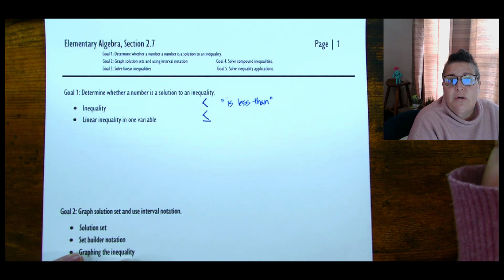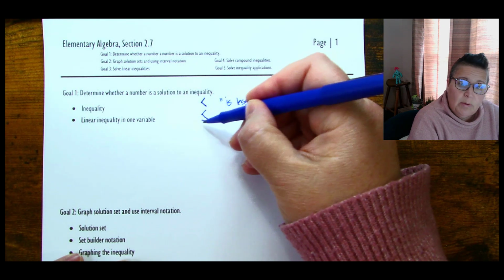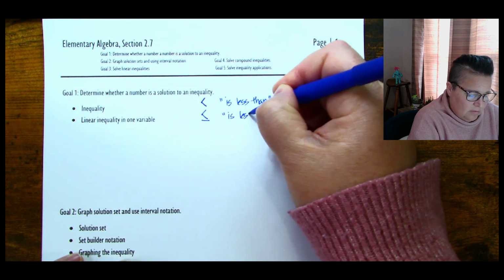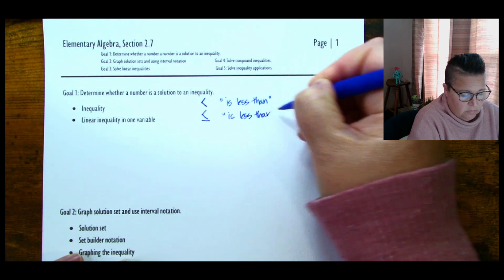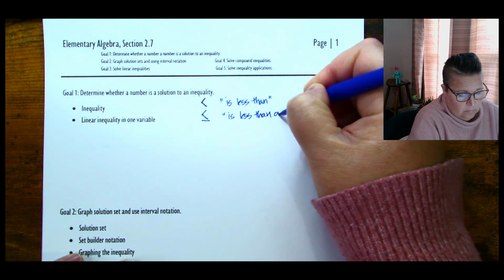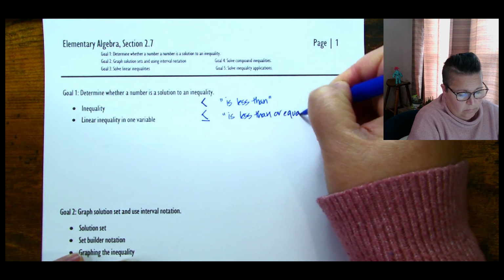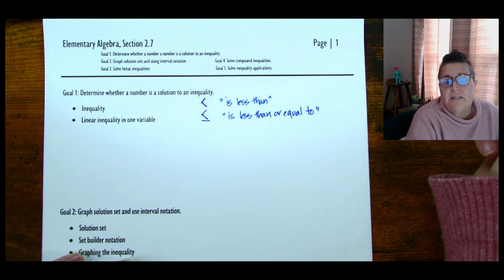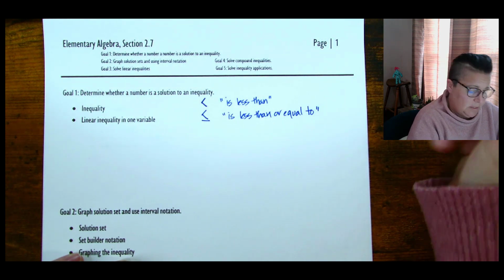The second one I'm going to show you is that same symbol, but with a line underneath. That means is less than or equal to. So this includes a possibility that it could be equal to that number.